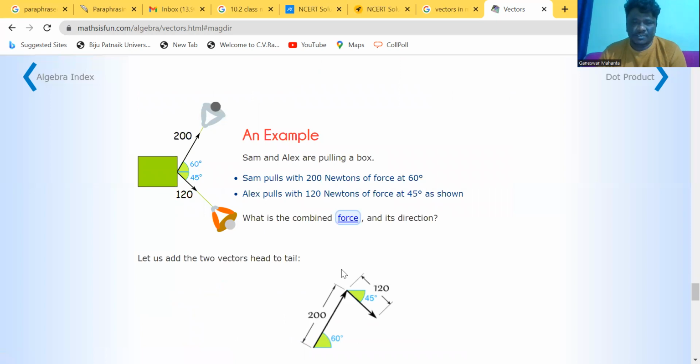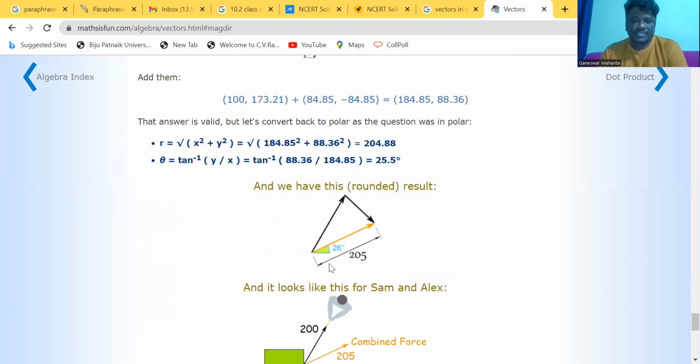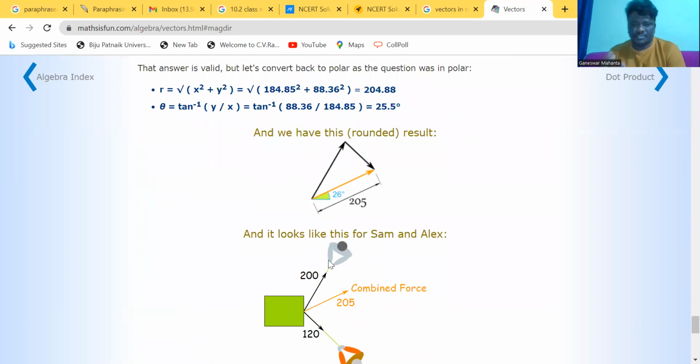This is one example: the combined force is collected here. So x is r cos theta, which is also used in various applications of the combined force.